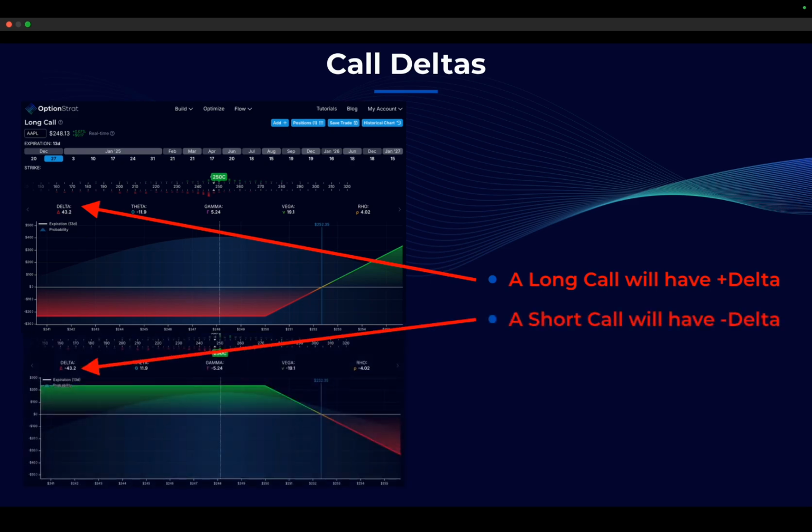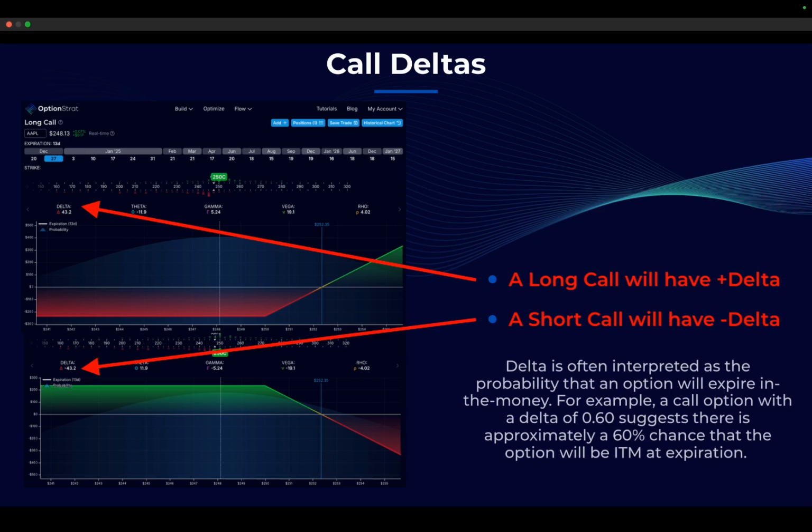Now, if I put up a short call, if I sell a call, you'll notice that now I have negative delta. This long call is positive delta. It makes money when the market goes up. This short call is negative delta.